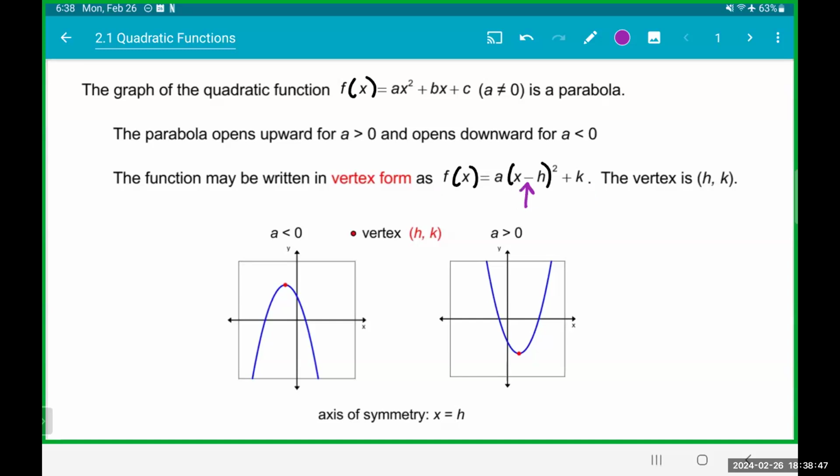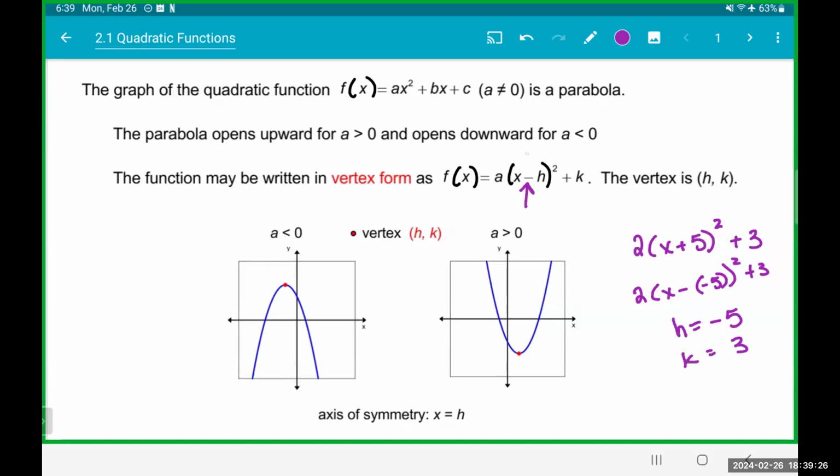So if I see something like 2 times x plus 5 squared plus 3, in vertex form, that's really 2 times x minus negative 5 squared plus 3. So in this case, my h is negative 5 and my k is 3, okay? So my vertex in this case would be negative 5, 3, okay?